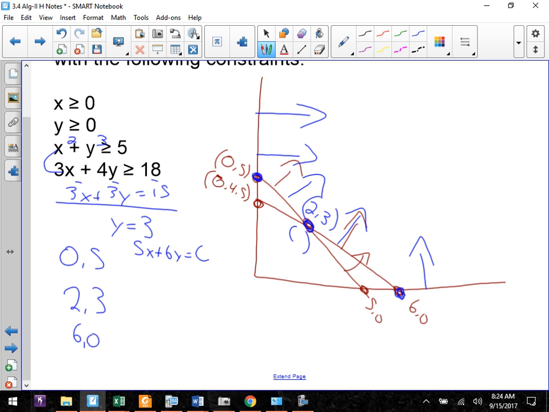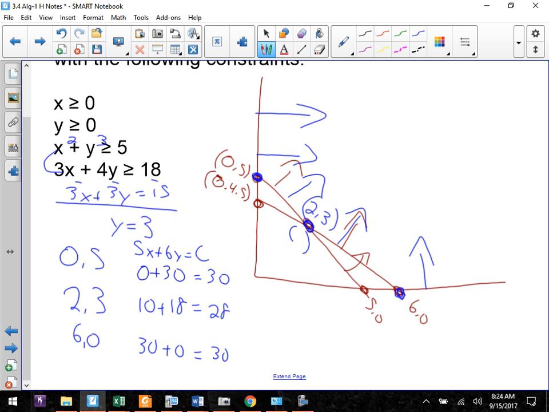It's the idea that we're taking exactly what we did the past 4 days and just finding the point where they run into each other and substituting into what we call the objective function. So we get 0 plus 30, 10 plus 18, and then 30 plus 0. So I have 30, 28, 30.